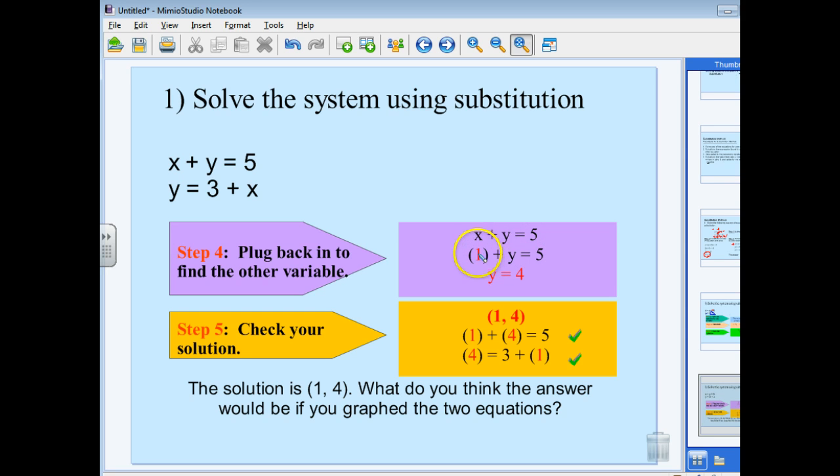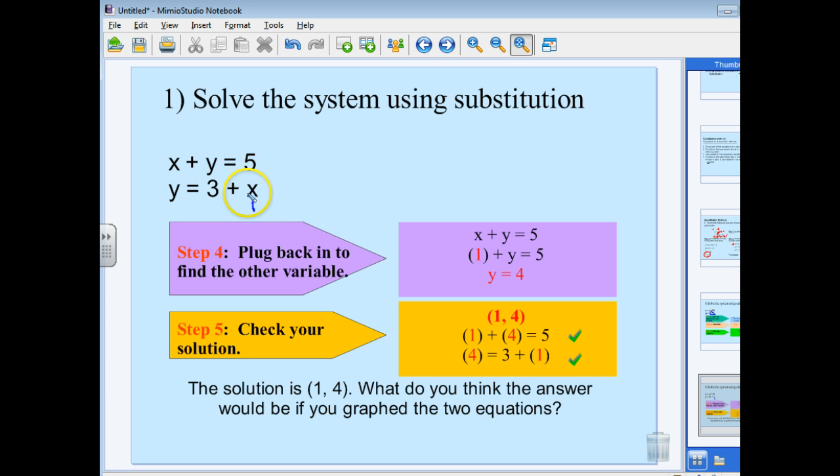So we plug 1 here, and again, you can use either one of these to get the second value. I would prefer to use this one because it's easier to plug 1 here and then automatically see that it's going to be 4.